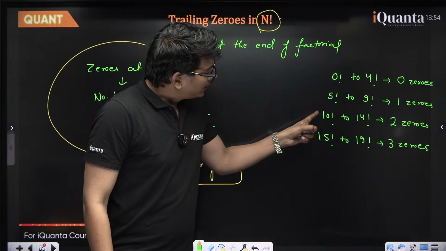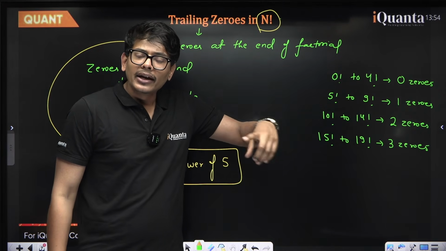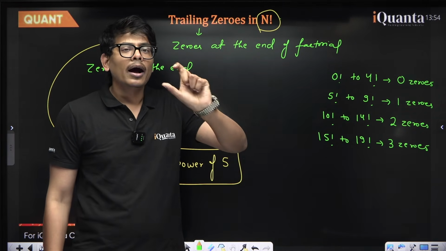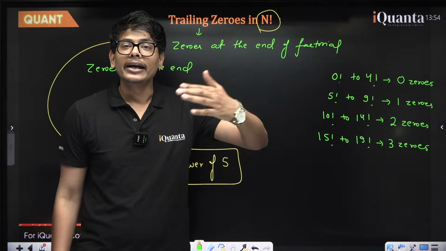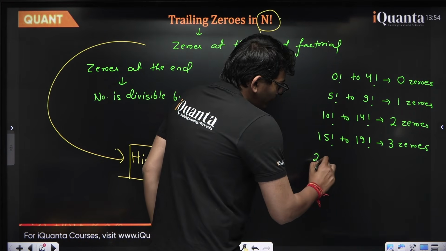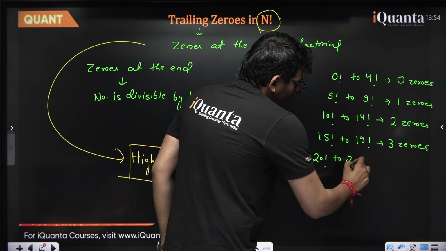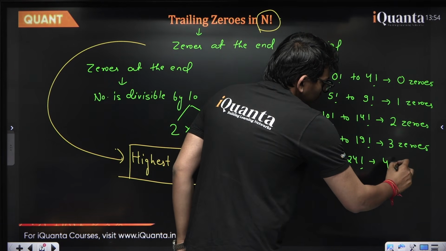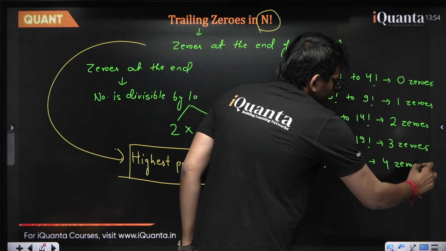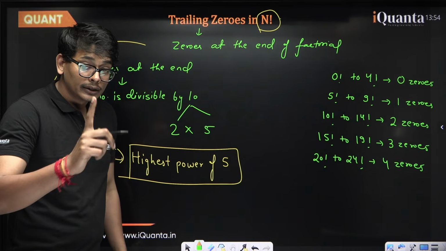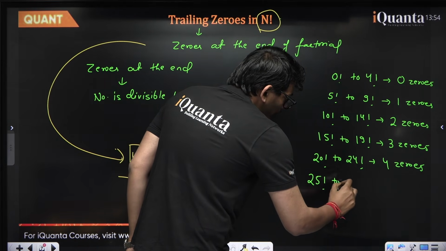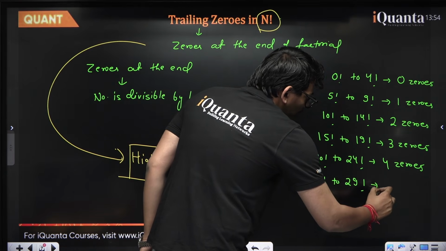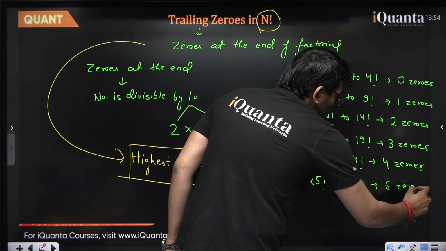So you can see 5 से लेके 9 तक कोई problem नहीं है. 9 के बाद जैसे 10 factorial आया, a multiple of 5 comes into picture, number of zeros get increase. 20 factorial to 24 factorial. Number of zeros 4. But interesting thing, in 25 factorial to 29 factorial, number of zeros will increase by 2.